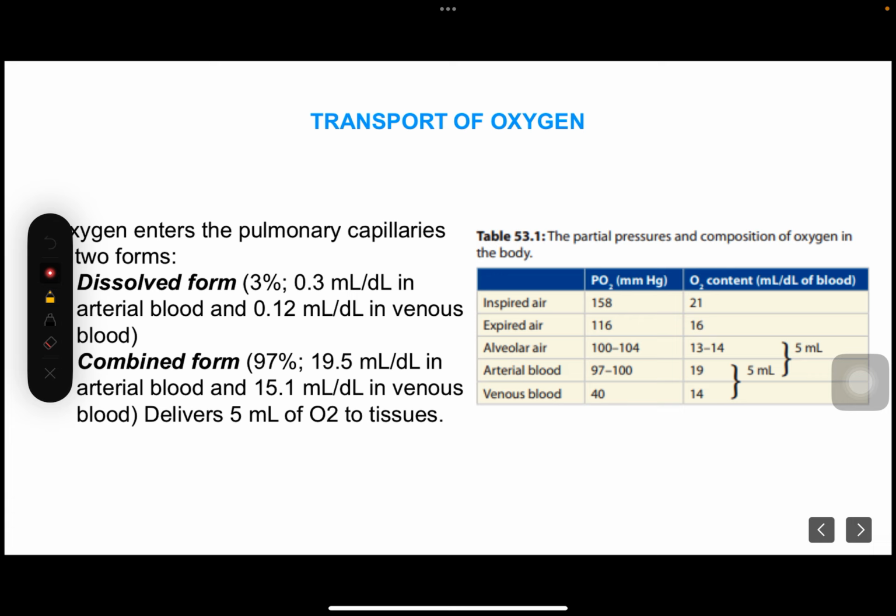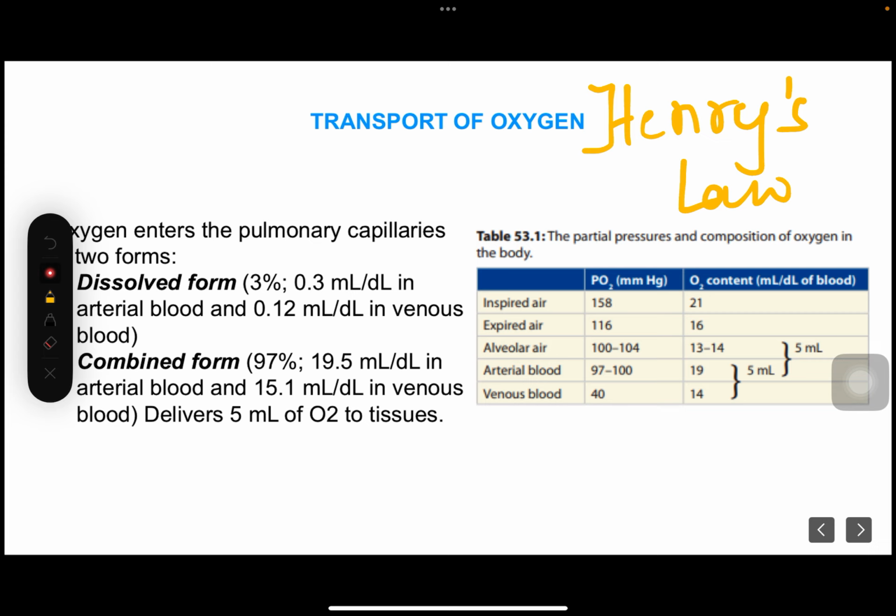Oxygen gets dissolved in the plasma in accordance with Henry's law. As per Henry's law, the concentration of a gas in a liquid is directly proportional to the solubility of the gas as well as the partial pressure of that gas.